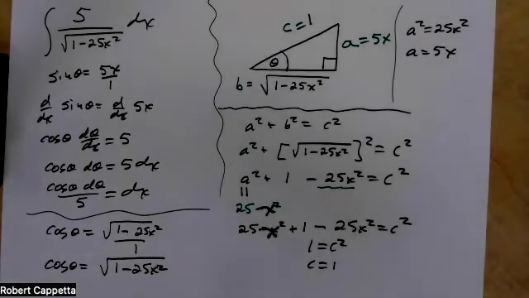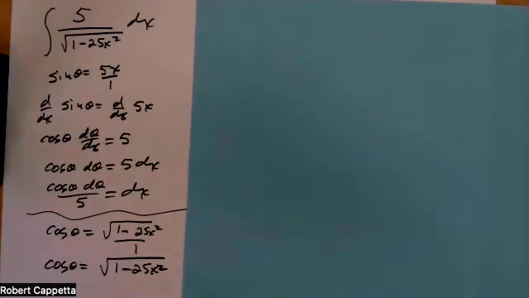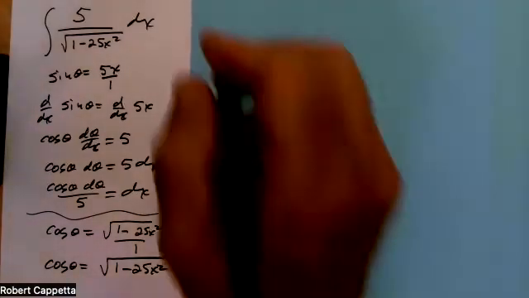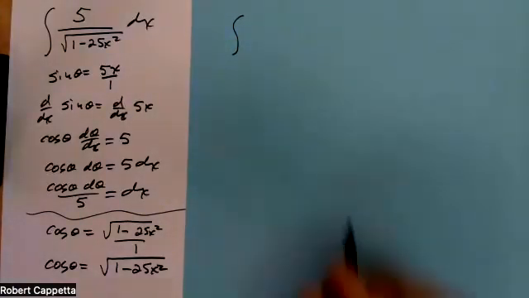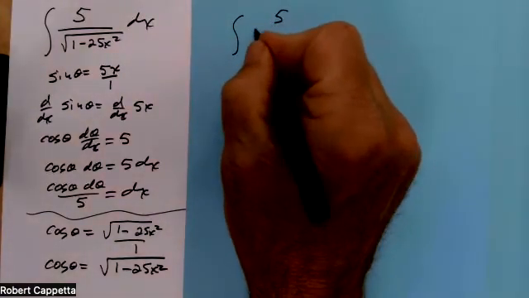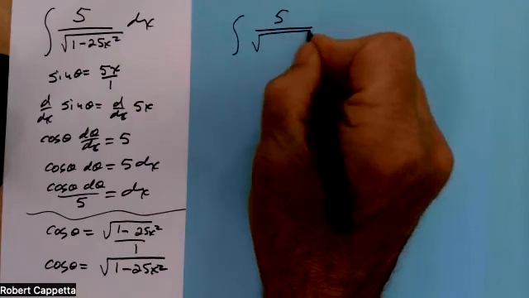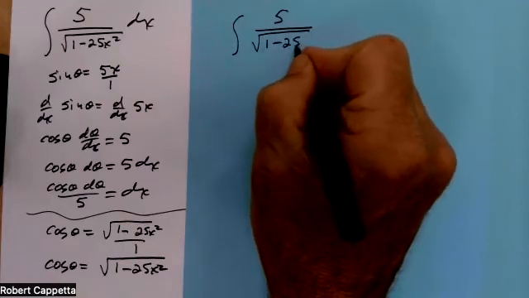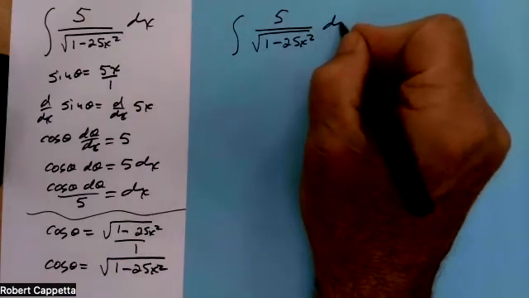If we look at this now, here was my question. My question was the integral of 5 over the square root of 1 minus 25x squared dx.